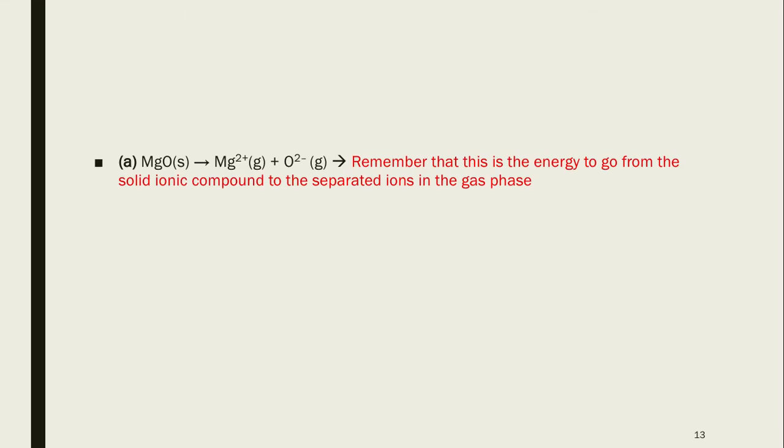So I would take solid magnesium oxide and break it into the magnesium ion, which is 2 plus, and then the oxide ion, which is 2 negative. Remember, this is the energy to go from the solid ionic compound to the separated ions in the gas phase.